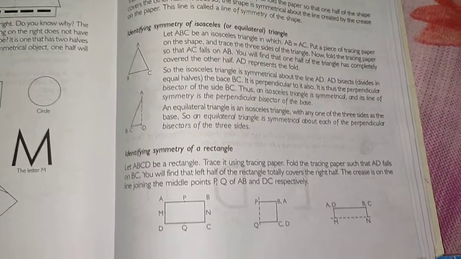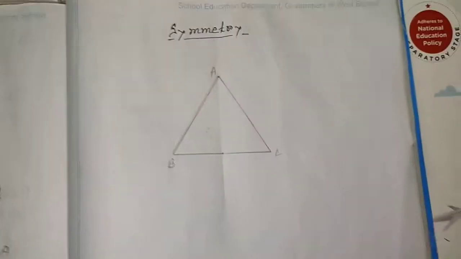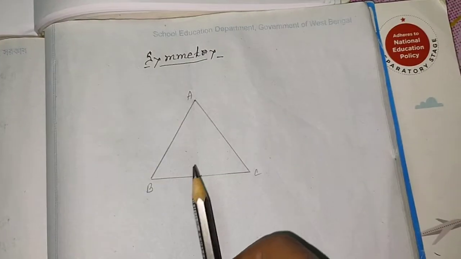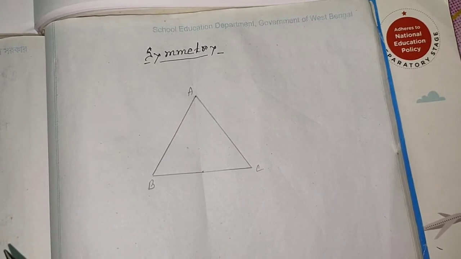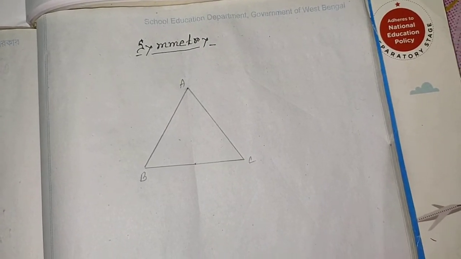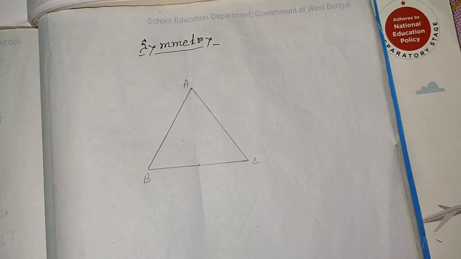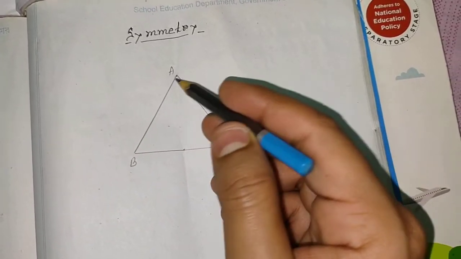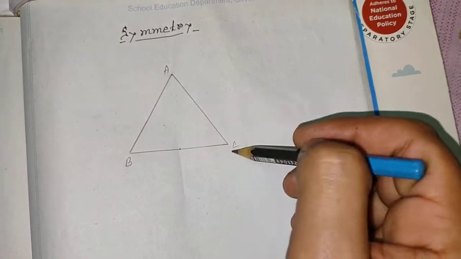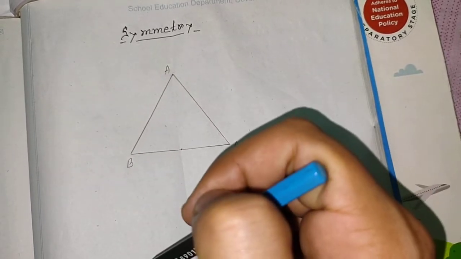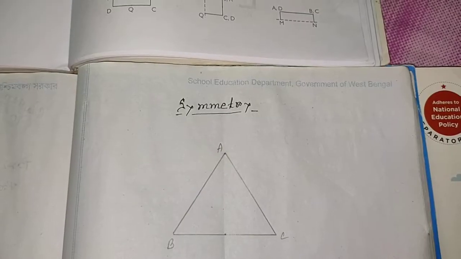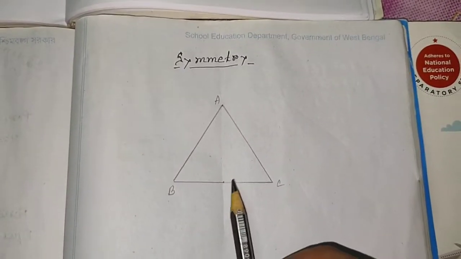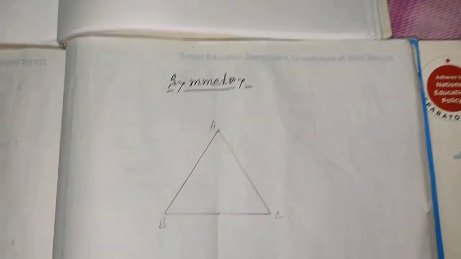Now we learn how to identify a symmetrical object. Okay, look here. We have a figure here and this is an isosceles or equilateral triangle. Okay, now first of all you all know these two sides are equal and these sides also are all equal here.